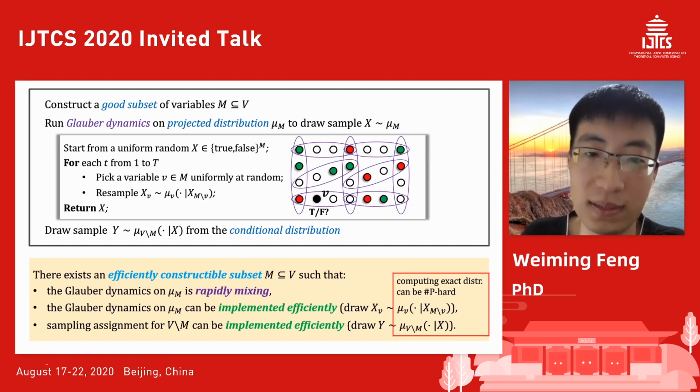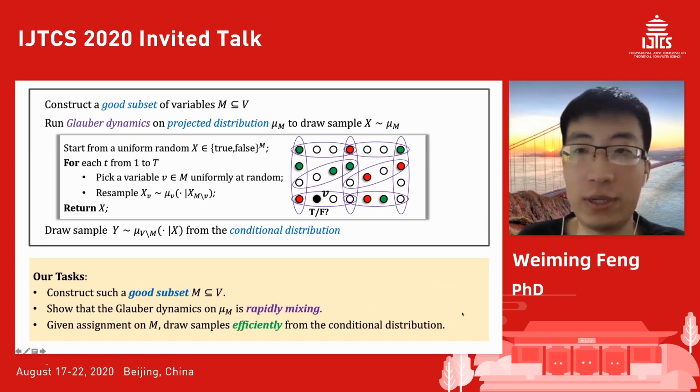In general, this problem can be #P-hard. And in the last step, given the partial assignment on M, we also need an efficient way to sample the assignment of other variables. Actually, the second and the third points are the same because both of them can be reduced to drawing from the conditional distribution.